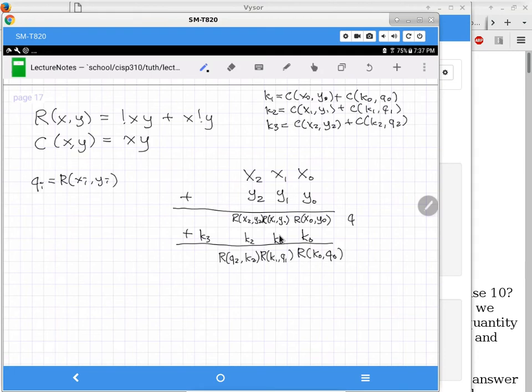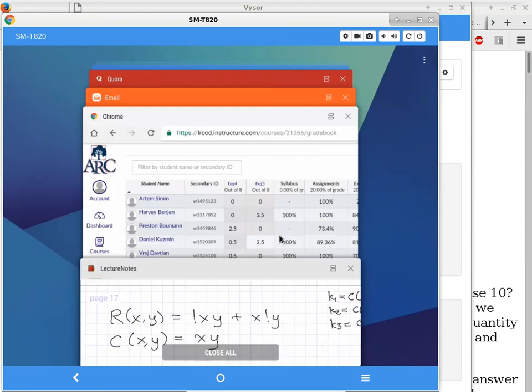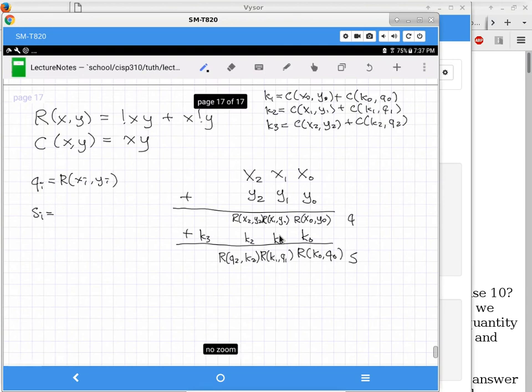Let's look at the sum row. So S of I is the same kind of pattern, just change the letters a little bit, right? So what is that going to be? R of Ki, Qi. And Qi we already know how to deal with, right?